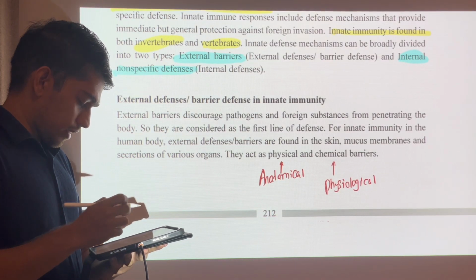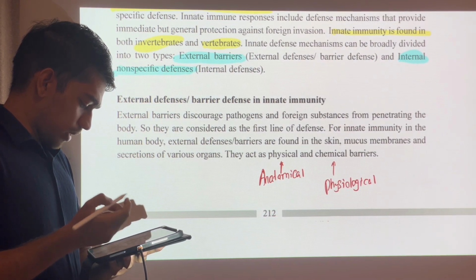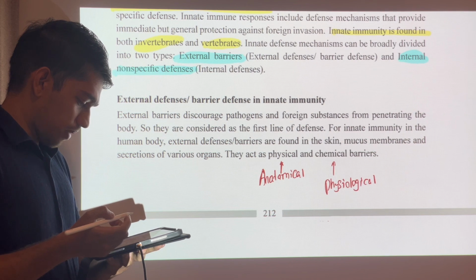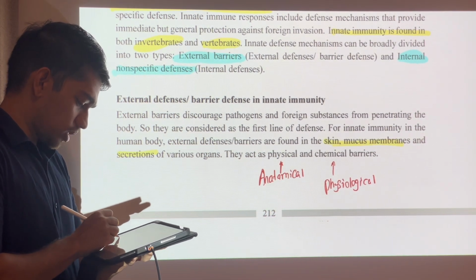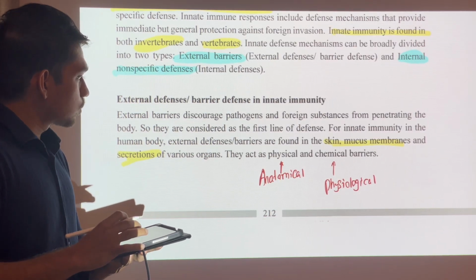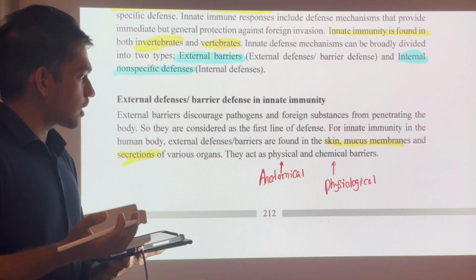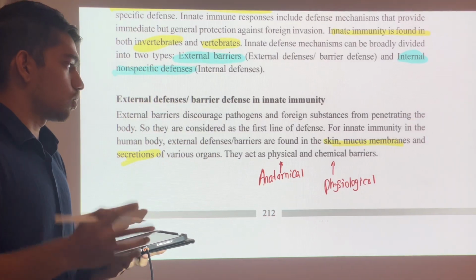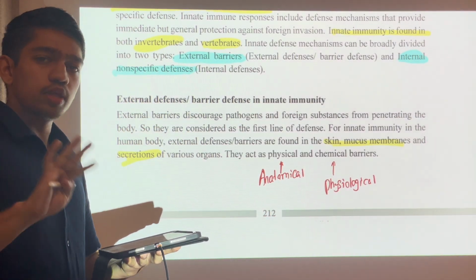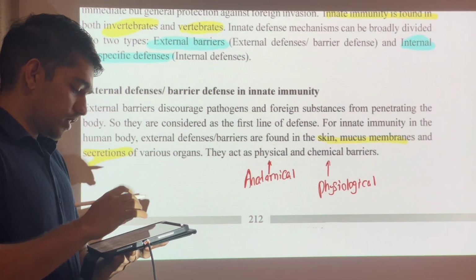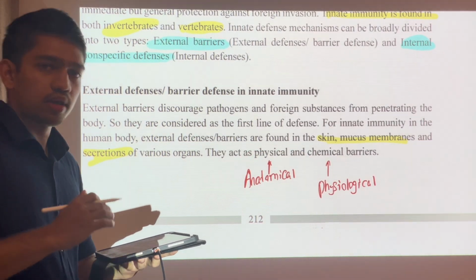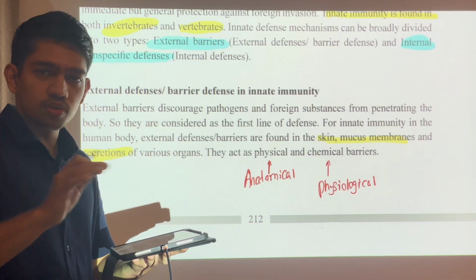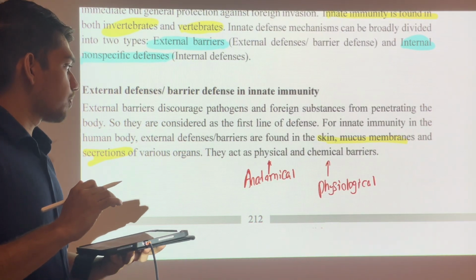So what are the defenses in your external barrier? We have the skin, mucous membranes, and secretions, right? We say that they act as either physical or chemical barriers. They can be physical or chemical, or they can be both actually, right? Physical barriers we can also call anatomical barriers, structures in our body that use some physical defense.